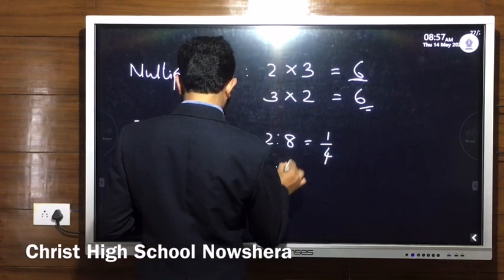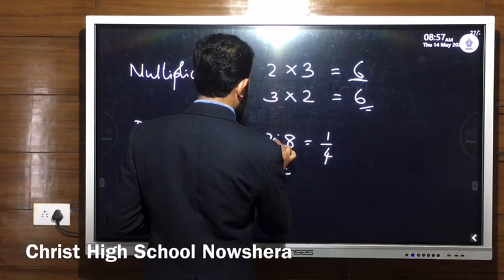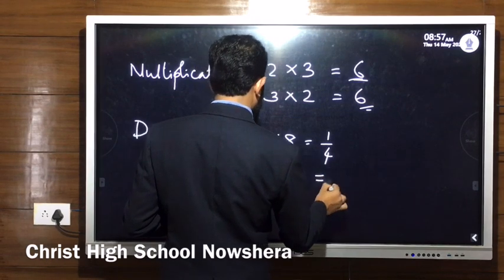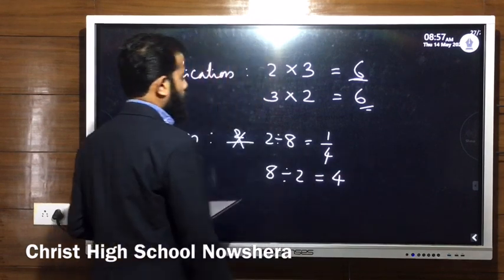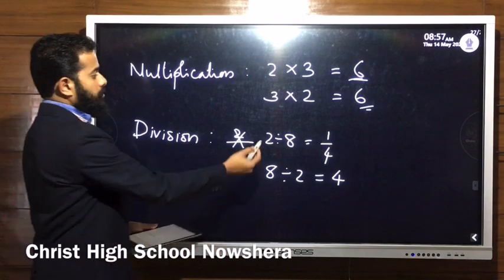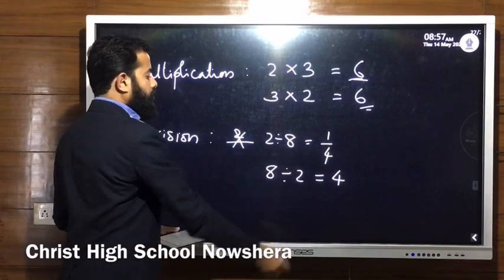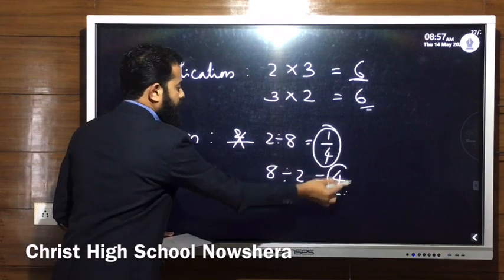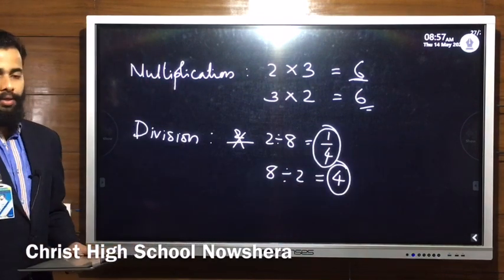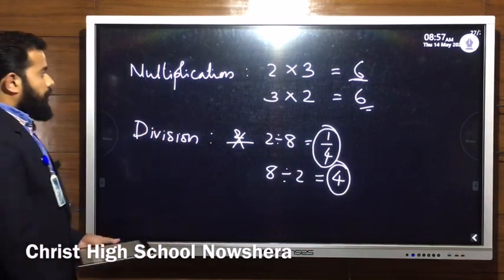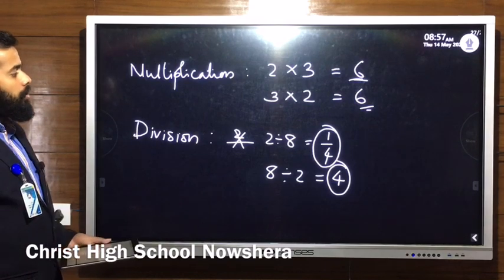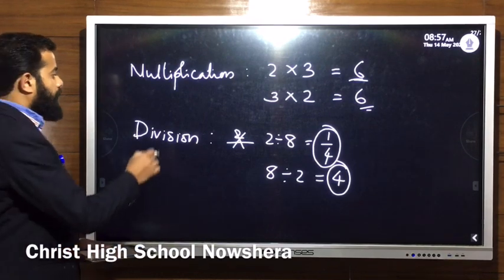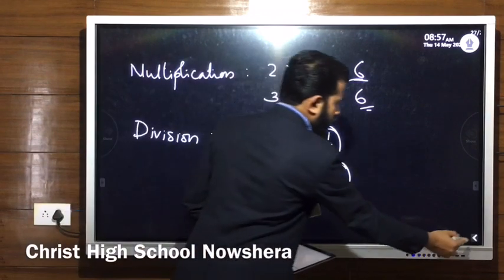Then 8 divided by 2 is equal to 4. 2 by 8 is 1 by 4, 8 by 2 is 4. The results are different. 1 by 4 and 4 are not equal. So whole numbers are not obeying the commutative property under division.